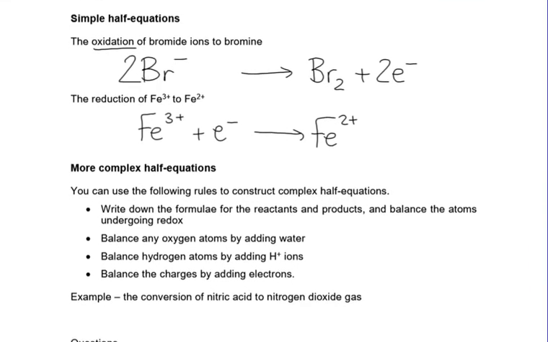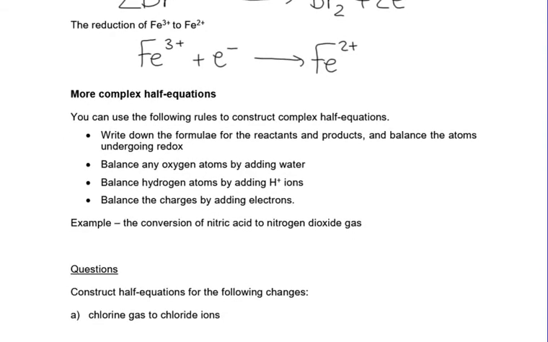What about some more complicated ones where there's a few more steps? And these rules here are really important. Okay, so write out the formulas for anything you've been told and balance the atom undergoing redox. Now, if anything ever gets missed by students, it is that step there, balance the atom undergoing redox.